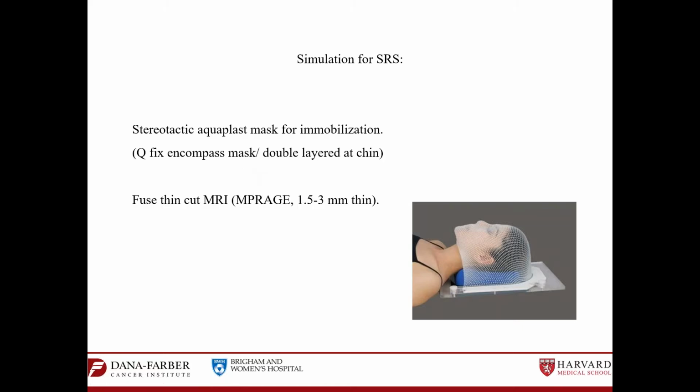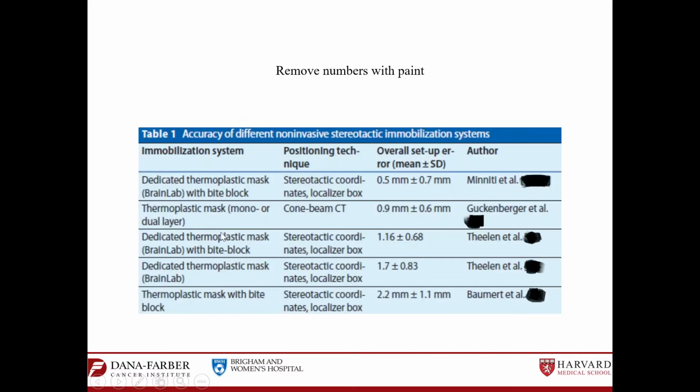So it comes long, and they fold it on the chin, so it becomes double layered in the chin area. And then we use thin cuts T1 post contrast, which comes in 1.5 to 3 millimeter slices to guide you to delineate your target. So those are different types of masks that you could use, I don't know what you will have in the future when you're delivering this focused radiation, but I want to highlight some points.